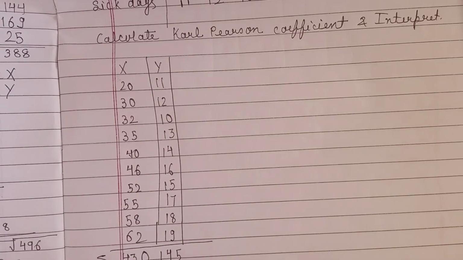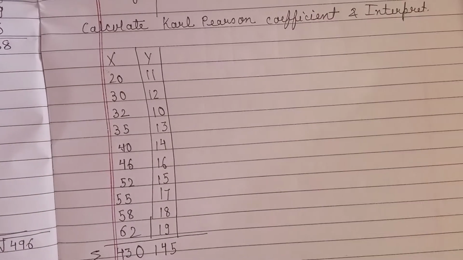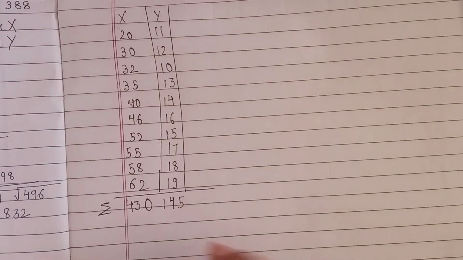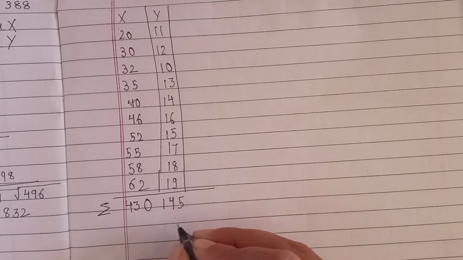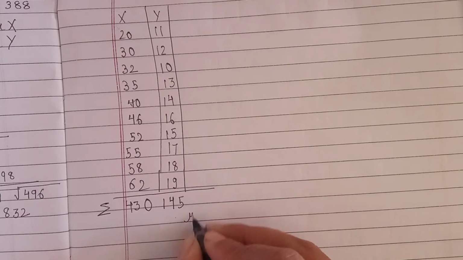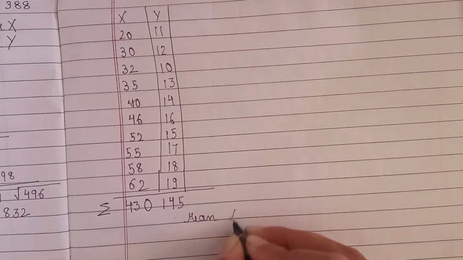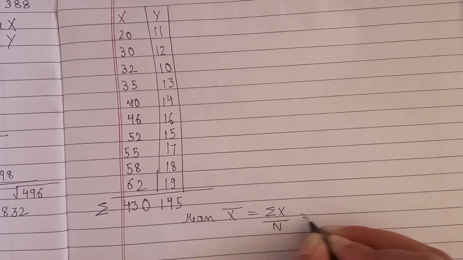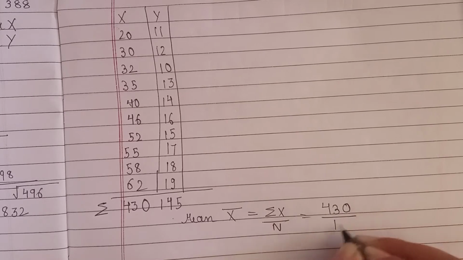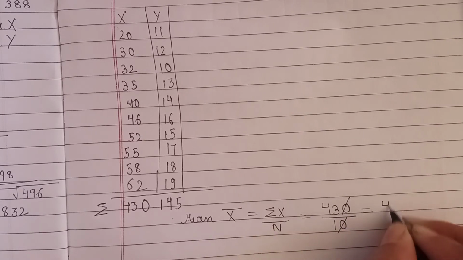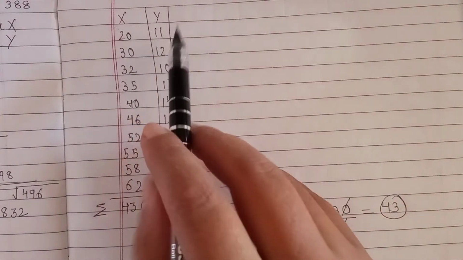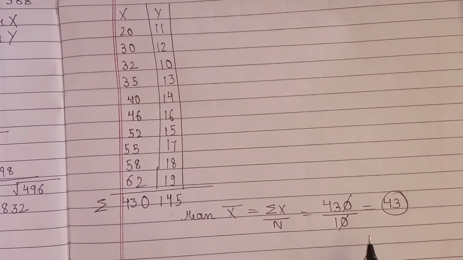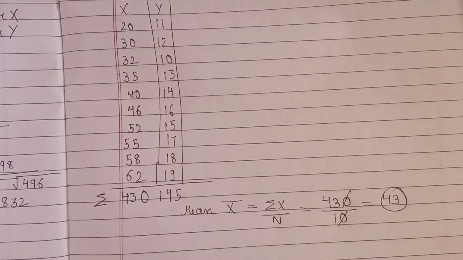So you can find out the mean also. Mean, that is x bar, is summation of x divided by n. So it will be 430 by 10, so it is 43. So while finding dx, we can subtract it from 43.